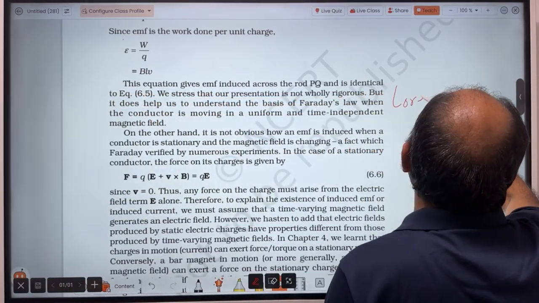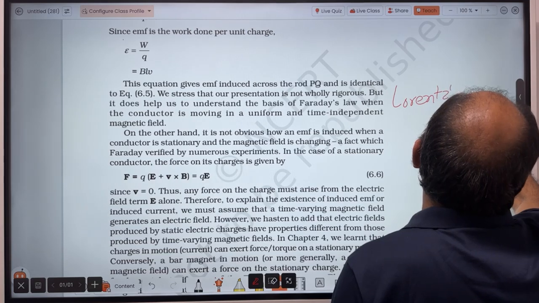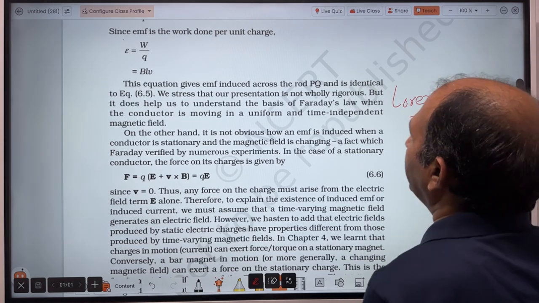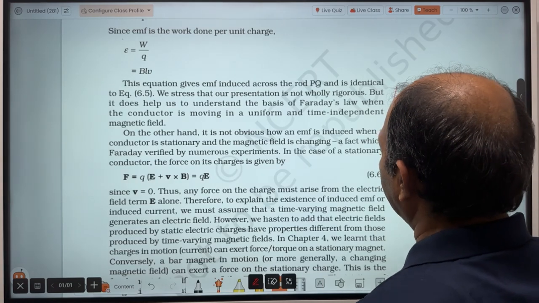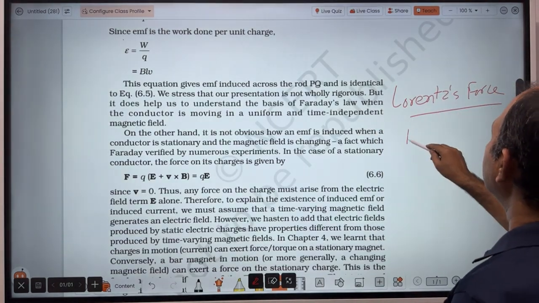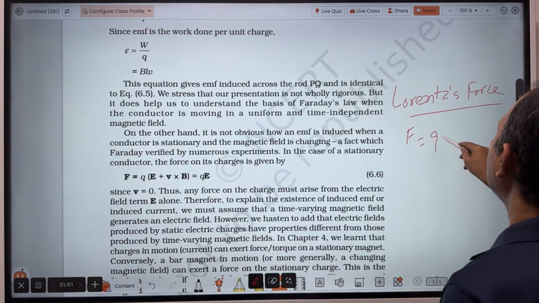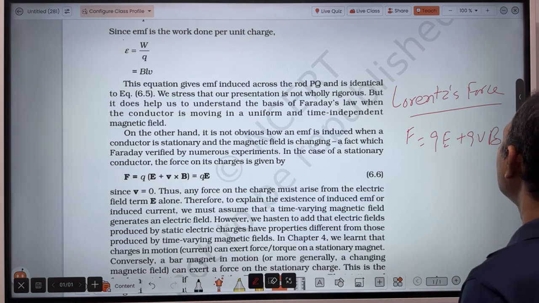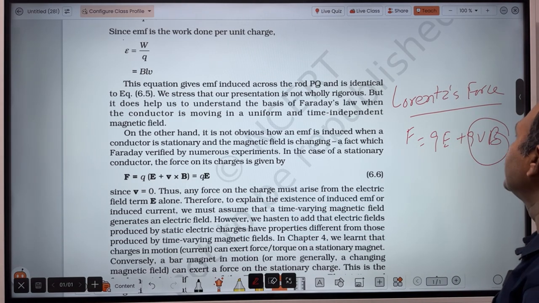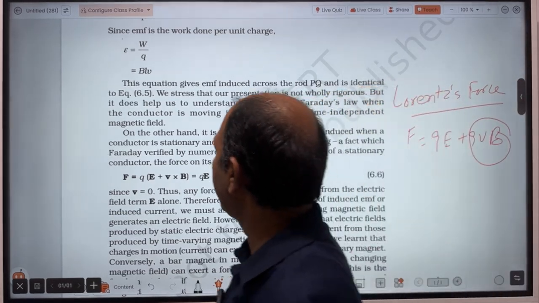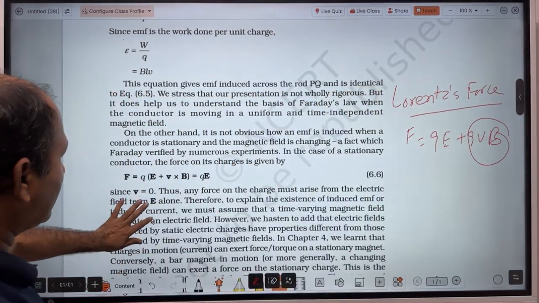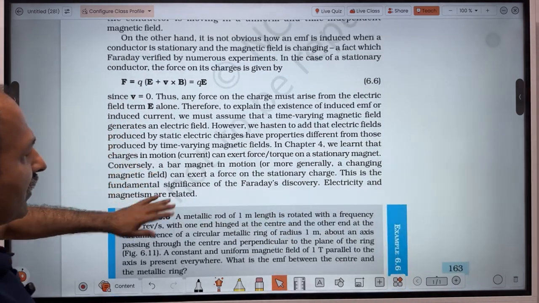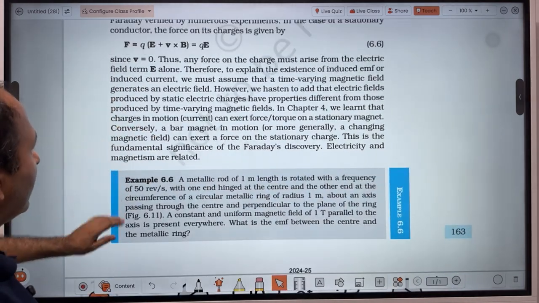Lorentz force. When a charge is moving in a magnetic field as well as in an electric field, this force comes into play, and that is given by QE plus QVB. Now if there is no velocity, then this term will vanish and only F equal to QE will be there. So that thing is explained here, and other things you can read, it is simple.